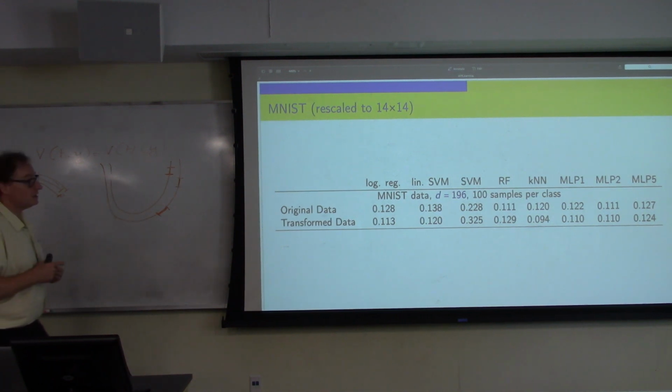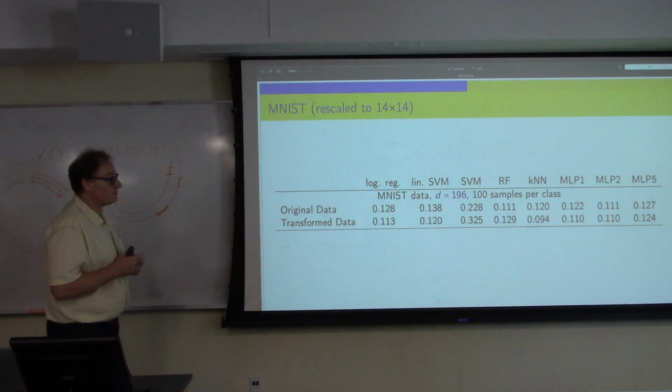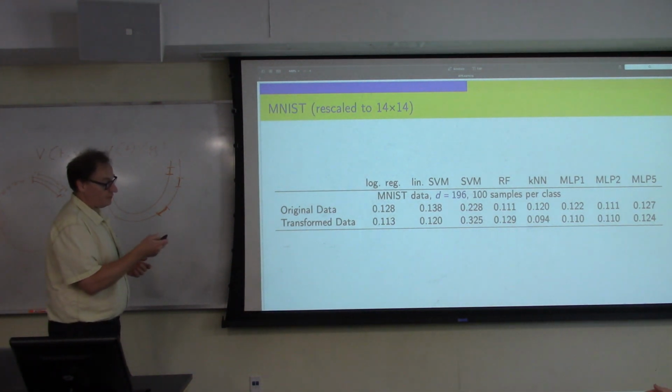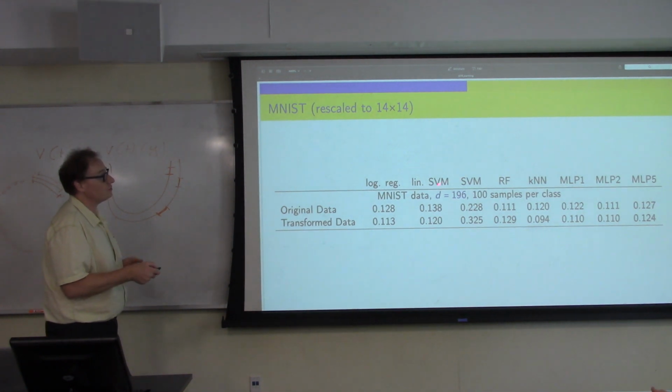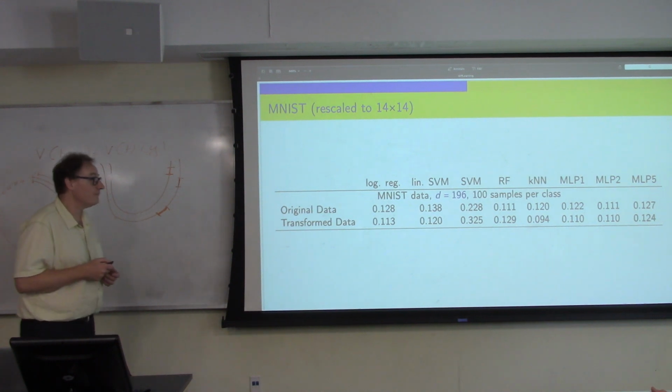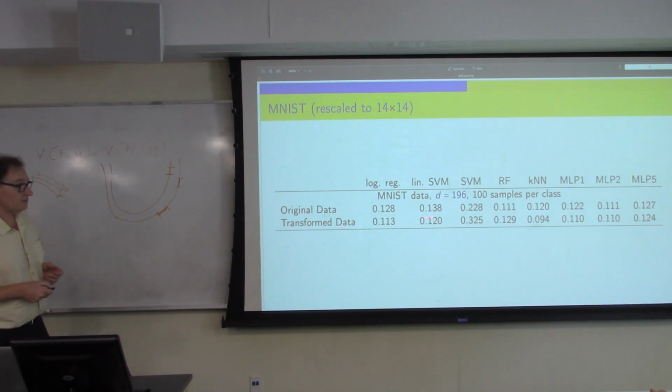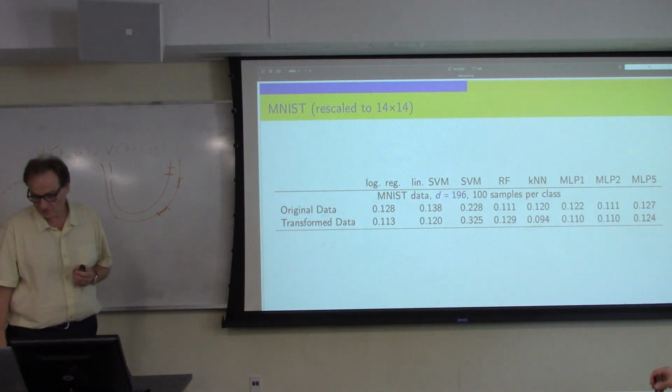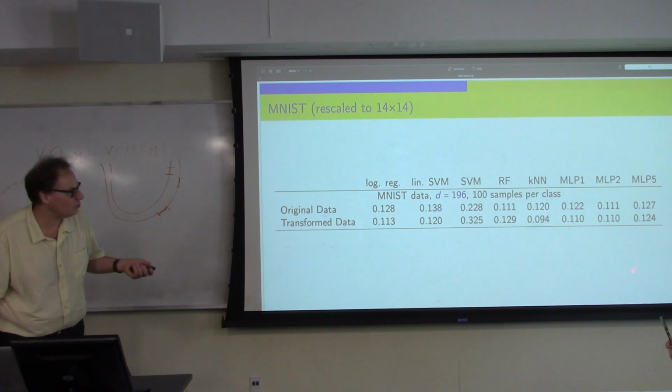The MNIST image of 28 by 28 was much faster for me to run at 14 by 14, and it turns out that all these classifiers did the same, whether it was 14 by 14 or 28 by 28, with this amount of data. You don't see much difference, not a big difference, except SVM. I don't know why SVM is so bad.